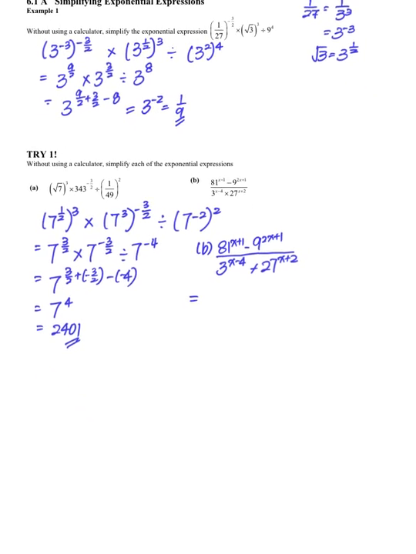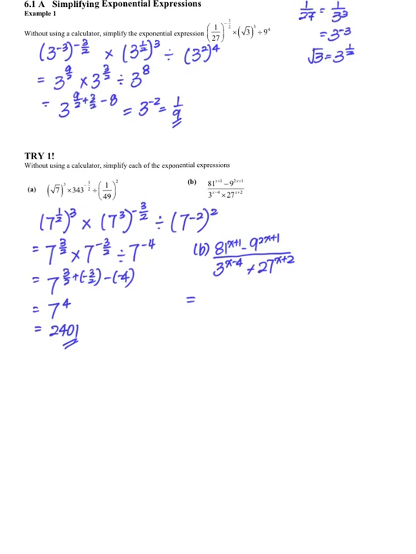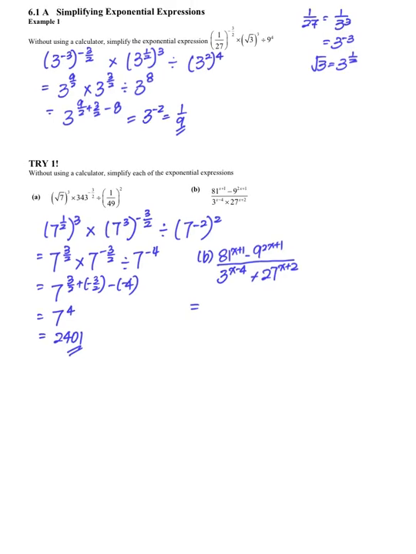So 81 is actually 3 to the power 4, right? So this is 3 to the power 4 to the power x plus 1, minus 3 to the power 2 to the power 2x plus 1, over 3 to the power x minus 4, and then times 3 to the power 3x plus 2.